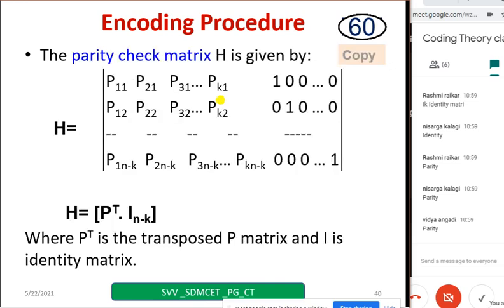H is the parity check matrix and is given by H equal to P transpose followed by I n minus k. You have to remember H equal to P transpose I. First I write P transpose followed by I, the identity matrix, where P transpose is the transpose of the P matrix and I is the identity matrix. Take a minute and copy down.